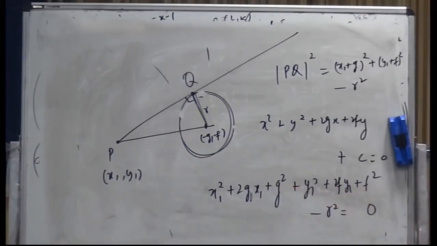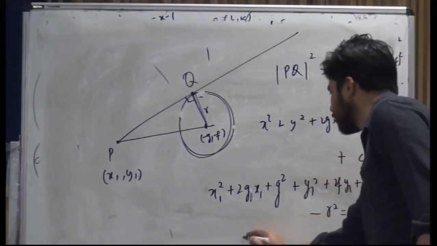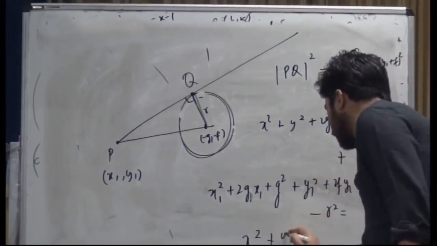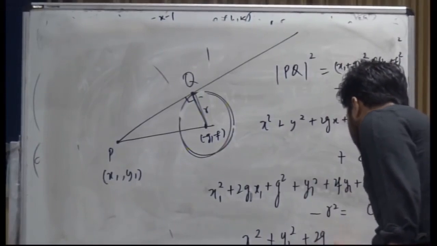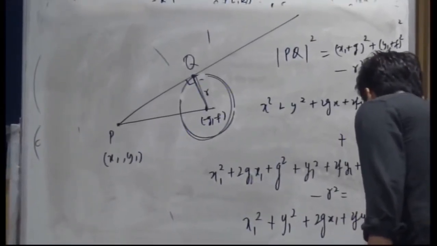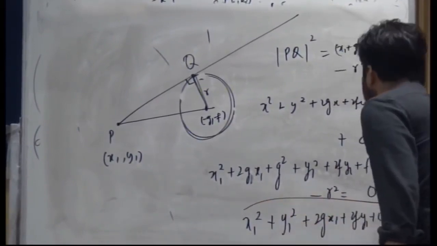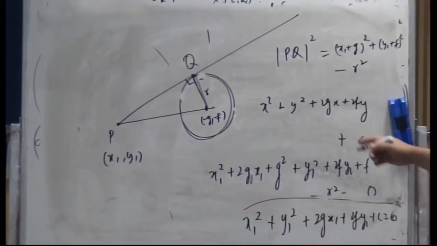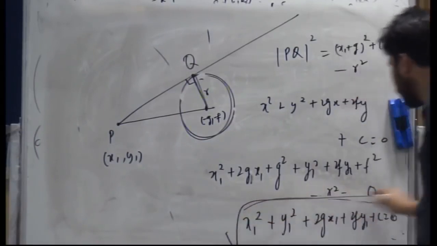What is g square plus f square minus r square? C होता है ना, so you can say x1 square plus y1 square plus 2gx1 plus 2fy1 plus c is equal to mod PQ square. So PQ would be under root this.